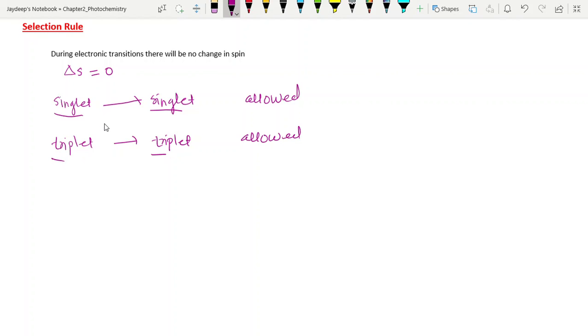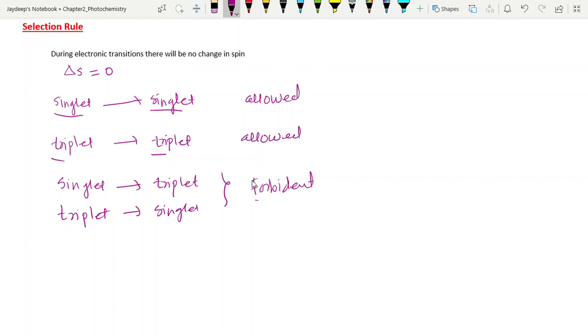Now if you consider singlet to triplet or triplet to singlet, in both cases these two are not equal. Here it is singlet, here it is triplet. The spin is not the same. Here the spin multiplicity is 1, while in this case it is 3. In this case it is 3 and it is 1. So these are not allowed transitions. So they are forbidden.